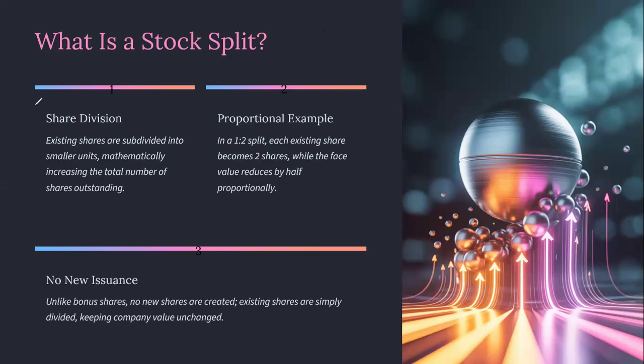So if I want to give an example, suppose this is my capital and it is valued as 100. When it is bonus shares, what I will do is I will again issue some part, it can be 50 rupees, and my total capital can become 150.